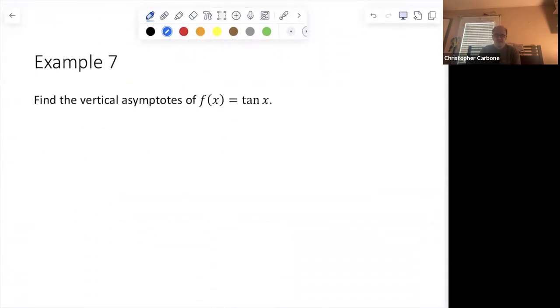We want to find the vertical asymptotes, though, for this tangent of x function from trig. Here we could rewrite this tangent of x as the sine of x over cosine of x, just based upon its definition. So in order for us to actually have a vertical asymptote, that could be when we have our denominator equal to 0.